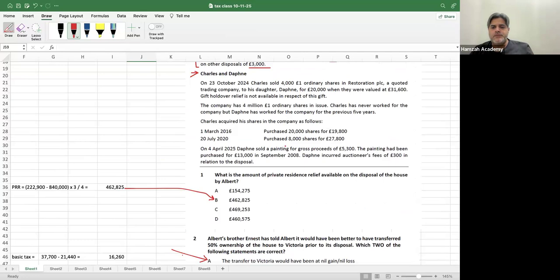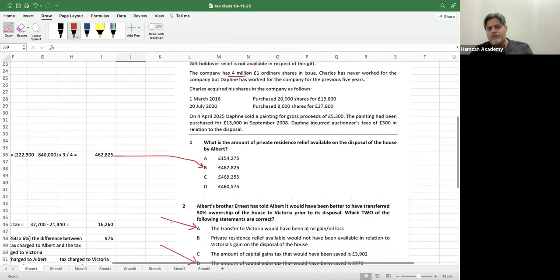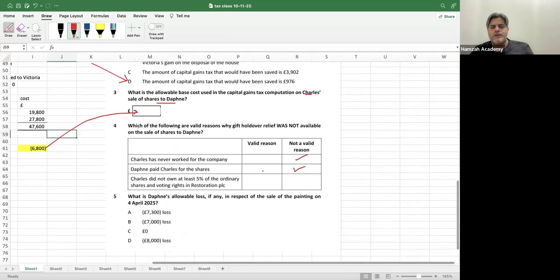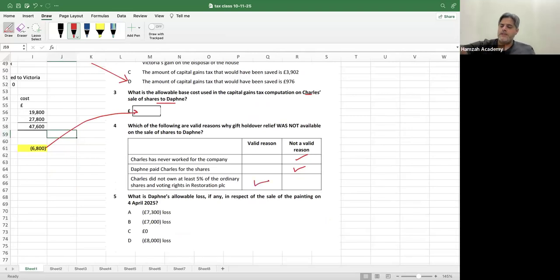I did happen to read somewhere that there were 4 million shares. So we just had 28,000, which is not equivalent to 5%, right? So yes, it's a valid reason why the holdover relief is not available here.